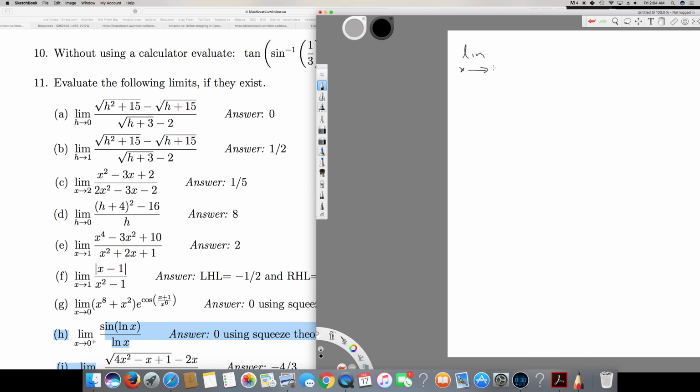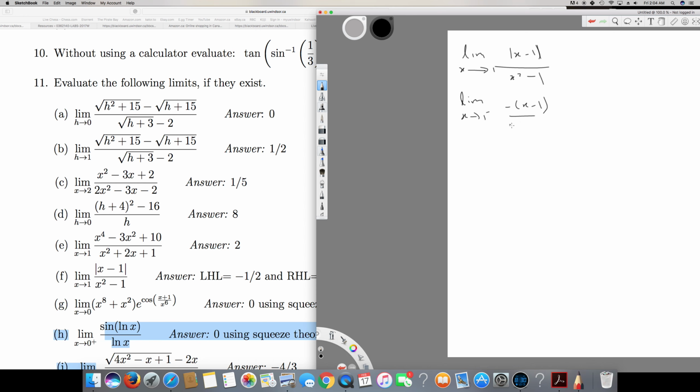So limit x approaches 1 of x minus 1 over x square minus 1. Let's see, first I'm taking from the left hand side, so I have to put a 1 minus here. So with the minus sign, it's going to be minus x minus 1 over x square minus 1.